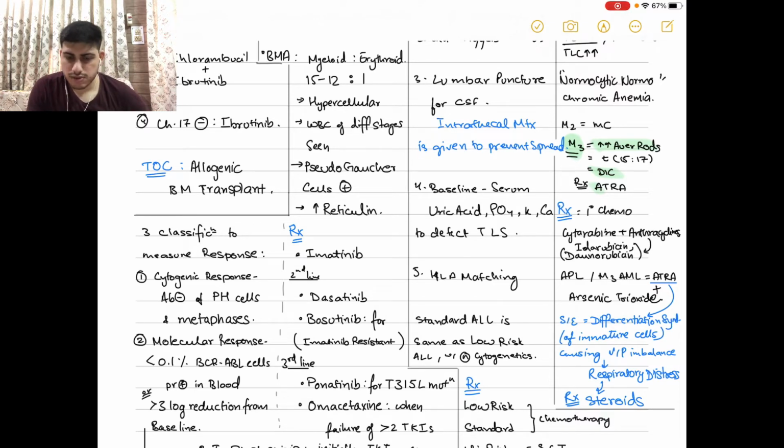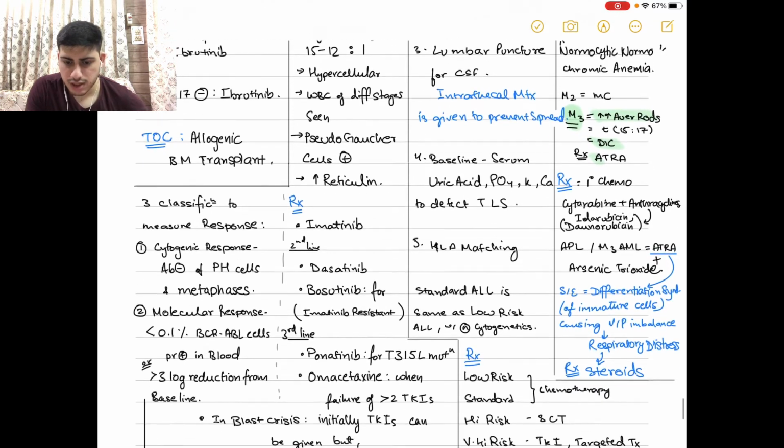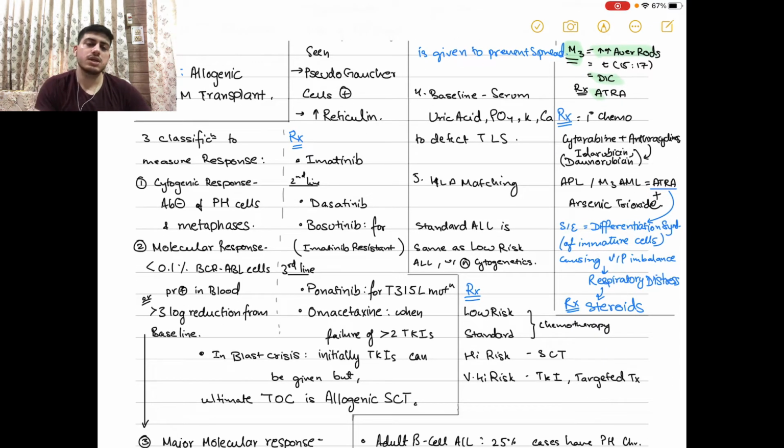After that, you will see the baseline serum analysis like uric acid, phosphate, potassium and calcium. These are done to detect if tumor lysis syndrome has already manifested or not. If tumor lysis syndrome has manifested, there is killing of tumor cells or other cells, and killing of cells releases uric acid.